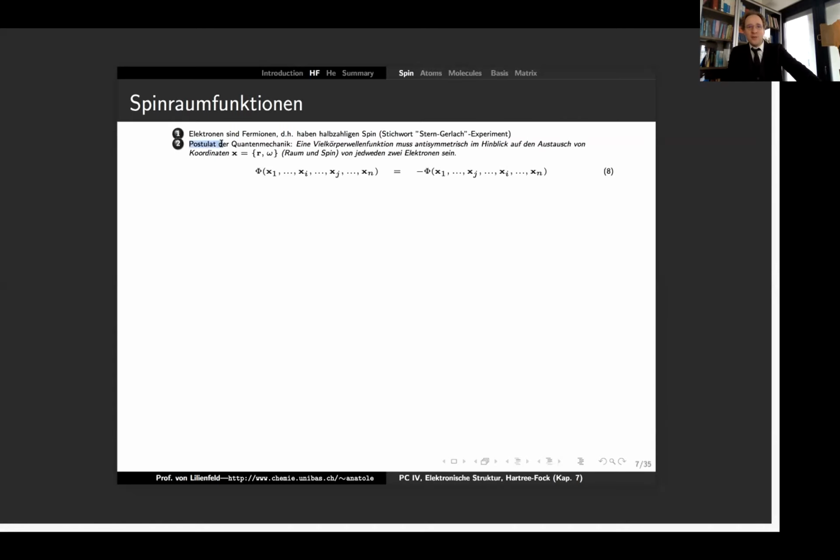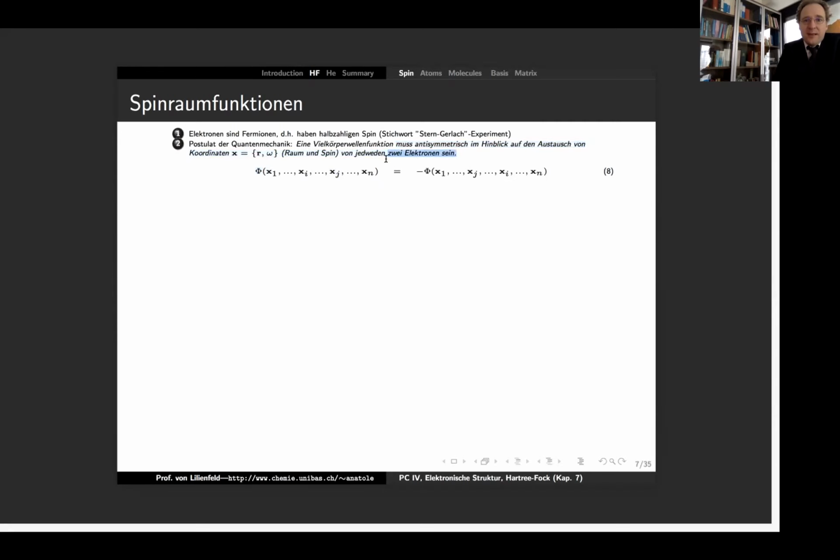And the way we do this is that the many-body wave function must be antisymmetric with respect to exchange of coordinates, and that includes space and spin. So if these coordinates are x, if you flip one x with another, your wave function has to change sign.